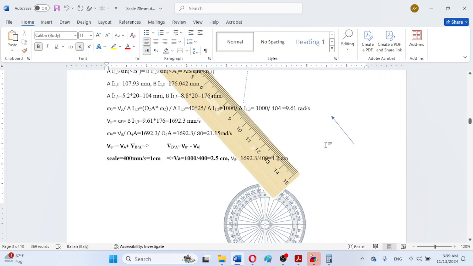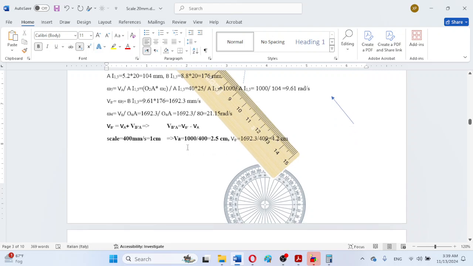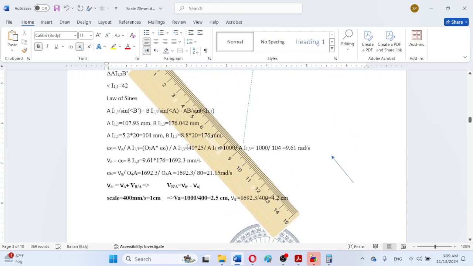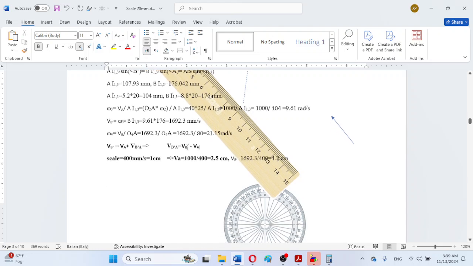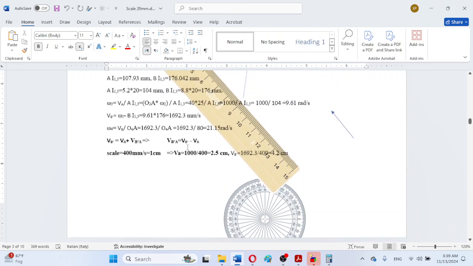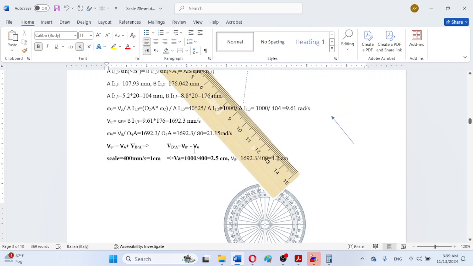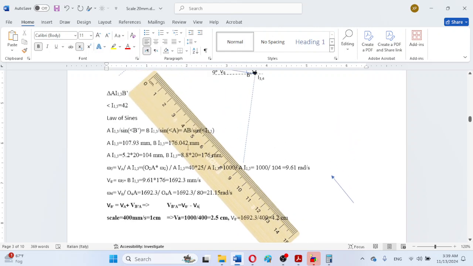So VA has been drawn, and as we can observe, the negative of the velocity vector VA will be added to the velocity vector VB dash.